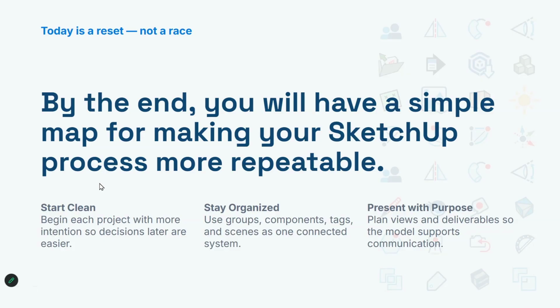Starting clean is about beginning each project with some type of intention or decision that can make those later decisions easier. Organized is where all the work is, right? You want to use groups, components, tags, scenes, styles, all of those things to keep your file organized and controlled. And most importantly, your presentation, you should always know what that purpose is.